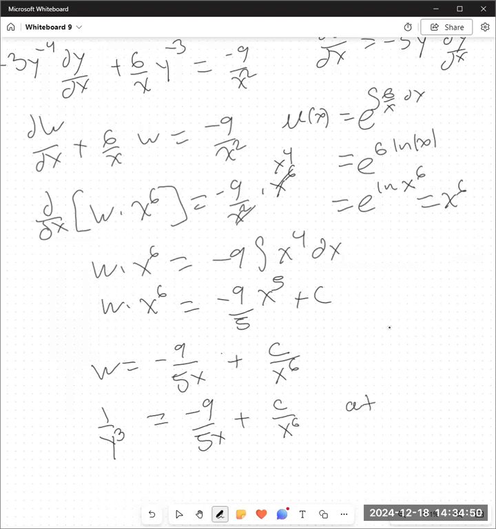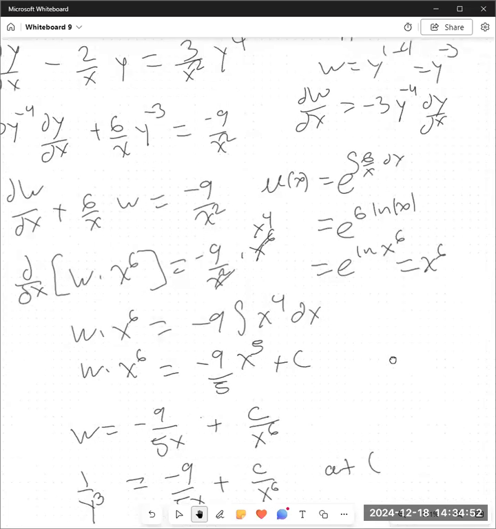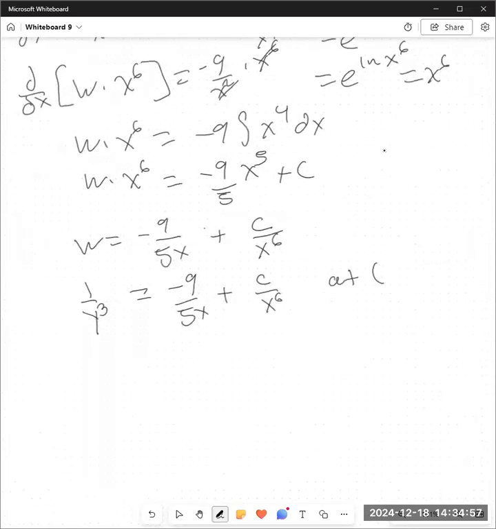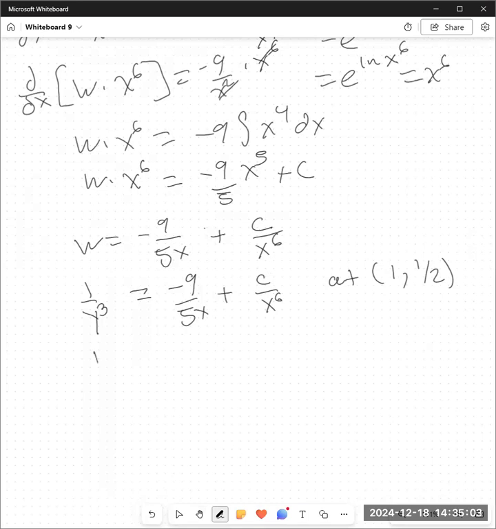So at the point (1, 1/2), we have 1 over (1/2) cubed equals negative 9 over 5 times 1 plus c over 1 to the sixth.